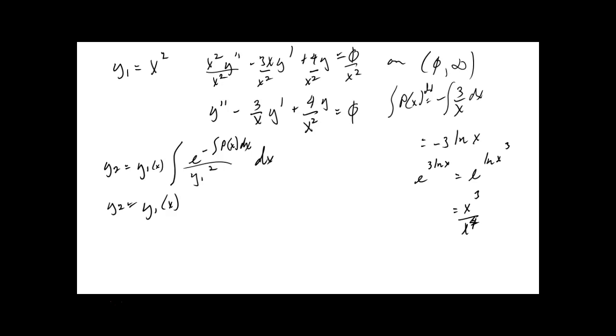So that was your x cubed, which was this thing, divided by x squared. That gives you x to the 4th. So this integral is now the integral of dx over x. Now, that integral becomes y2 is equal to y1 of x.